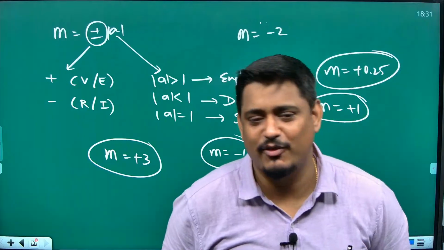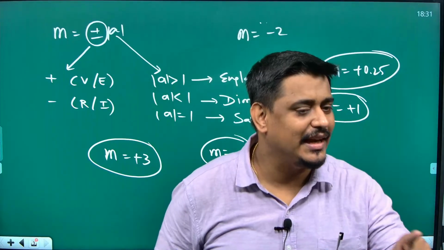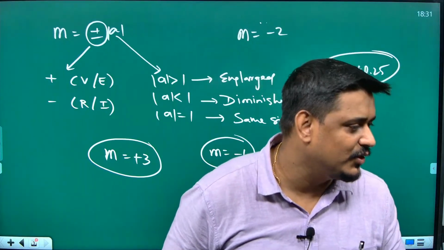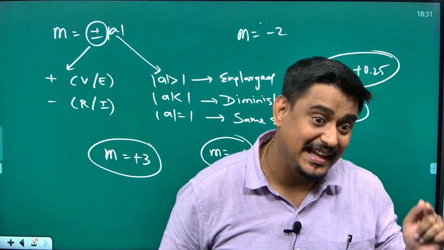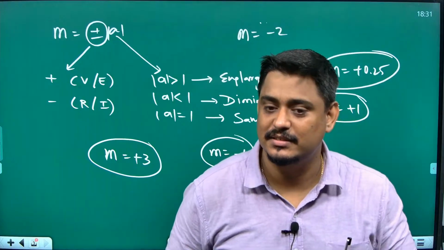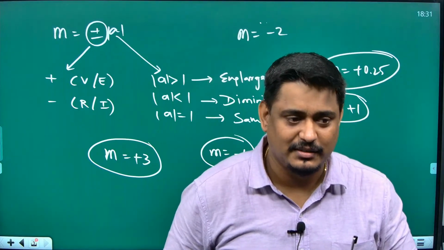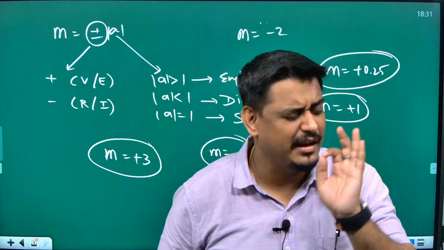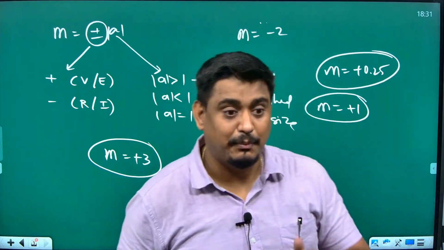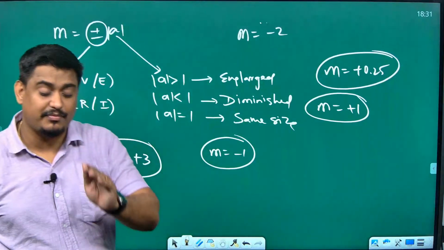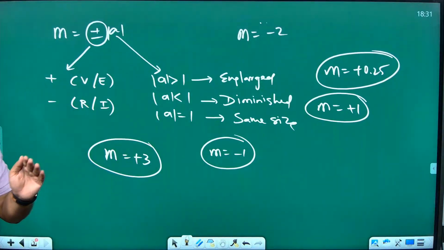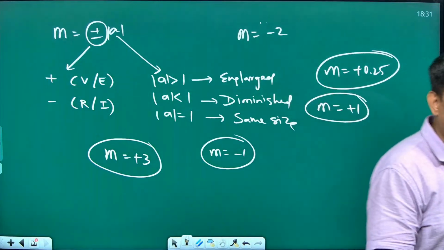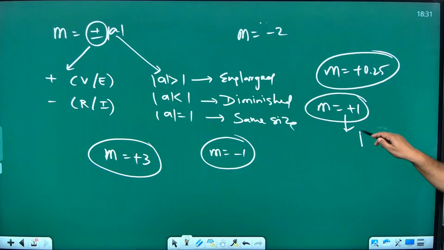It cannot be concave or convex, because no mirror or lens can produce virtual, erect and same size. Real, inverted, same size is possible by a concave mirror with the object at C, but plus 1 is not possible for any such mirror. So it must be a plane mirror.